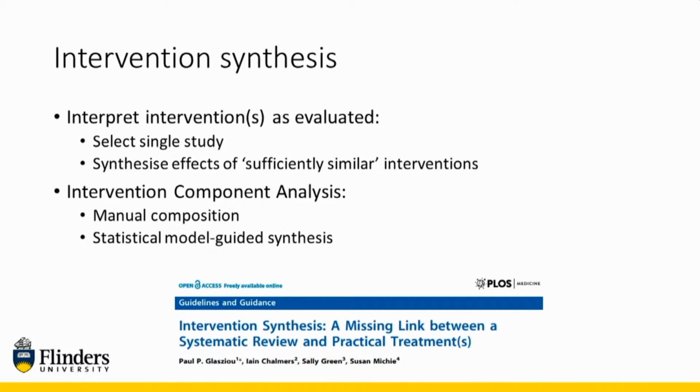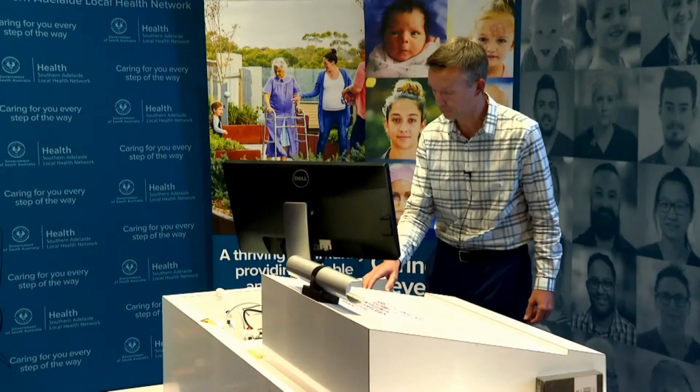Going all the way down to intervention component analysis, where you essentially unpick the interventions that have been evaluated and you're trying to work out which components of a service delivery model are having the effect, and then put the components that are having an effect together. And you can do that either manually or you can do that statistically.